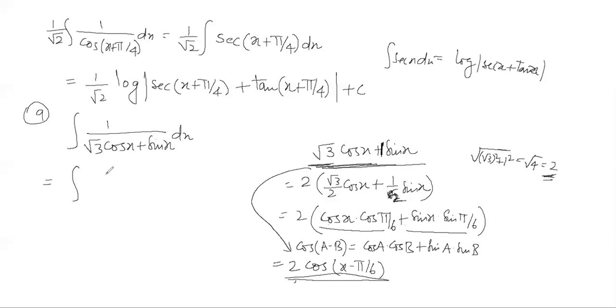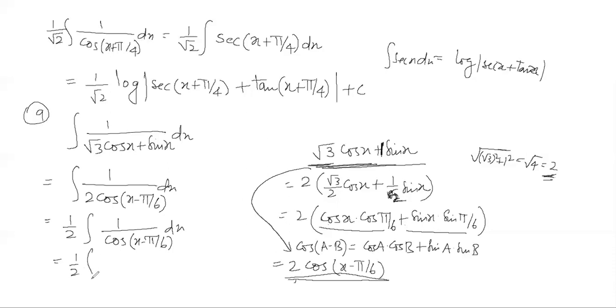So now just write, in place of root 3 cos x plus sin x, 2 cos of x minus pi by 6. Just taking the constant out of the integration, what do we get? 1 upon 2 integration of 1 upon cos of x minus pi by 6.